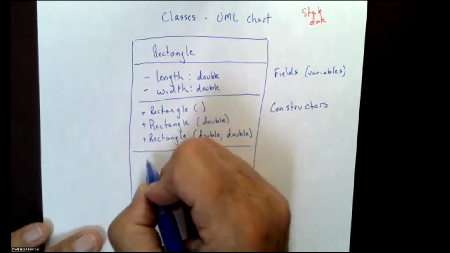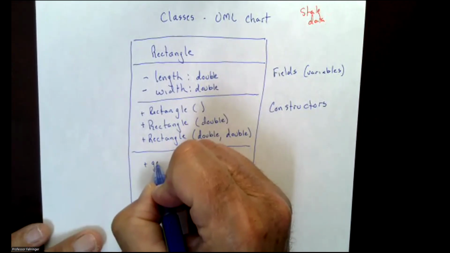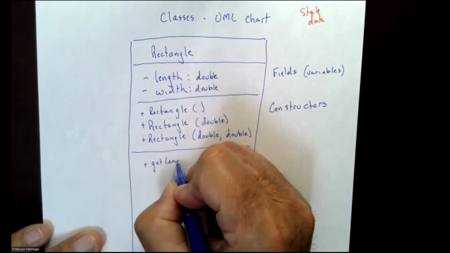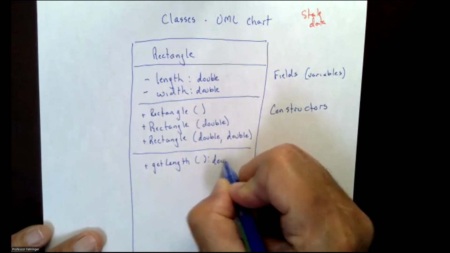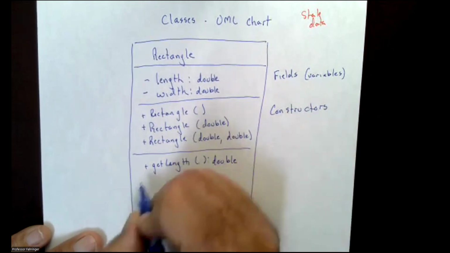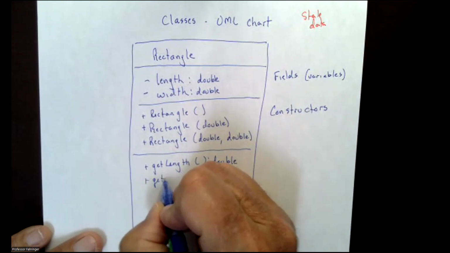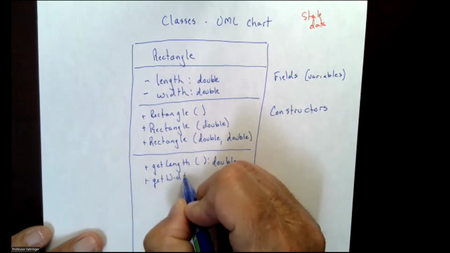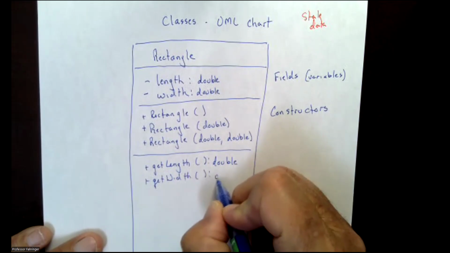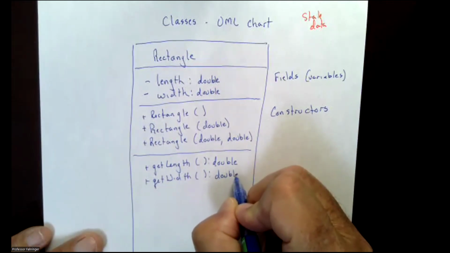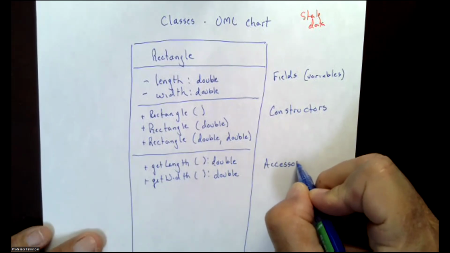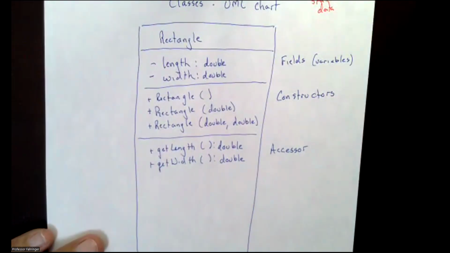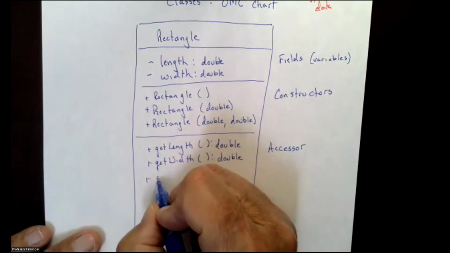Then what did we have? We had things like get length. Nothing was coming in, but a double was being returned. Get width, in case I ever want to know what the value is of these. These were called accessor functions. And then I had the sets.